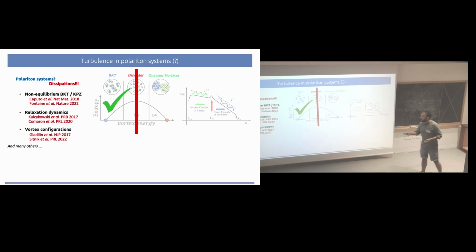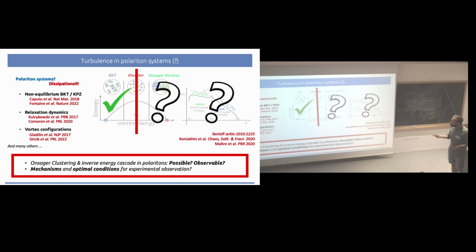There are some references here, but also trying to solve the relaxation dynamics of the system and understanding if there are new vortex configurations due to this driven dissipative nature. What about the right side? Of course, there are some preliminary results, but nowadays there is no convincing proof that we could have Onsager clustering and observation of inverse energy cascade in superfluids of light. So we ask ourselves, is it possible?